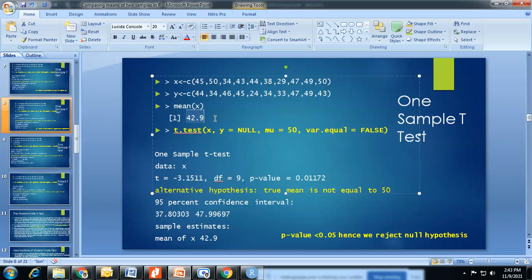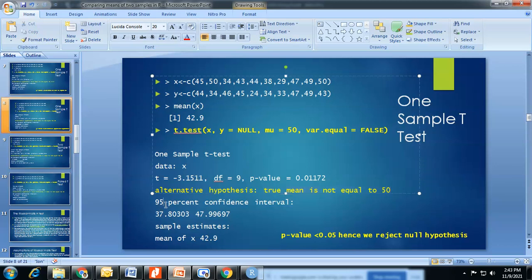So you can check whether the literacy is equal to 95% or not equal to 95%. Here we have defined the alternative hypothesis, true mean is not equal to 50. So you can also state that true literacy percentage is not equal to 95. Are you getting? So this is how you can define the hypothesis and then you can test it.